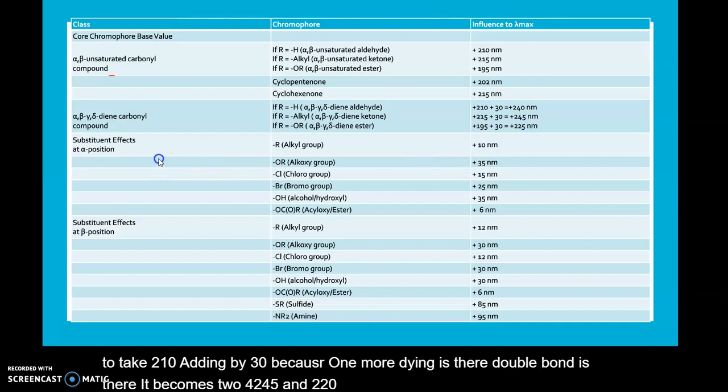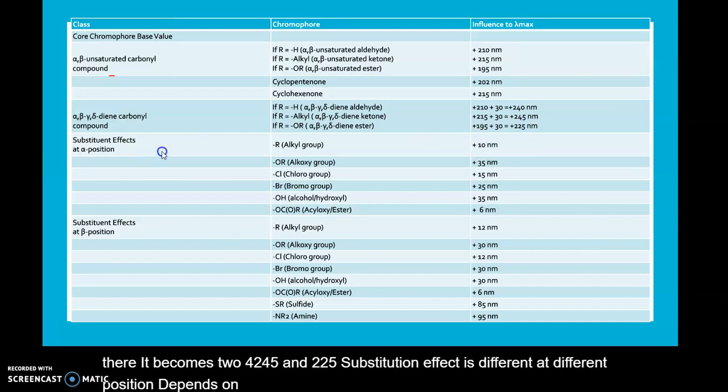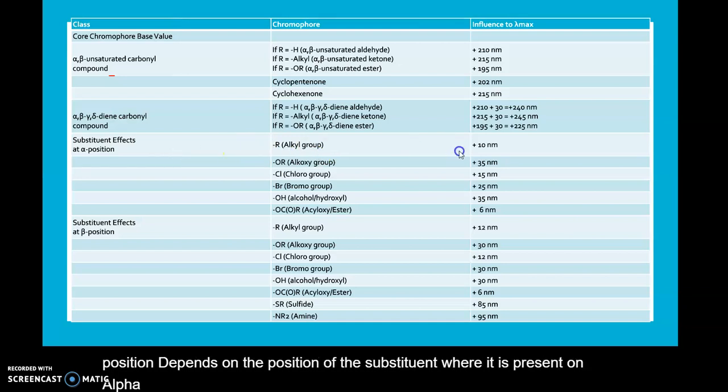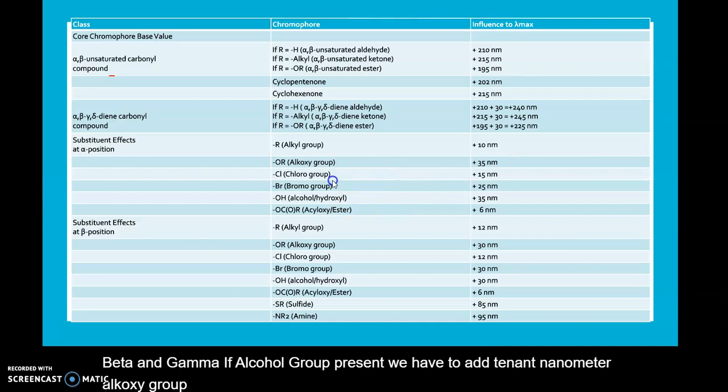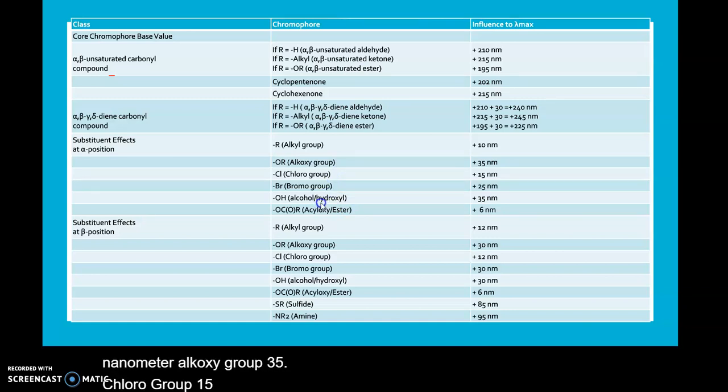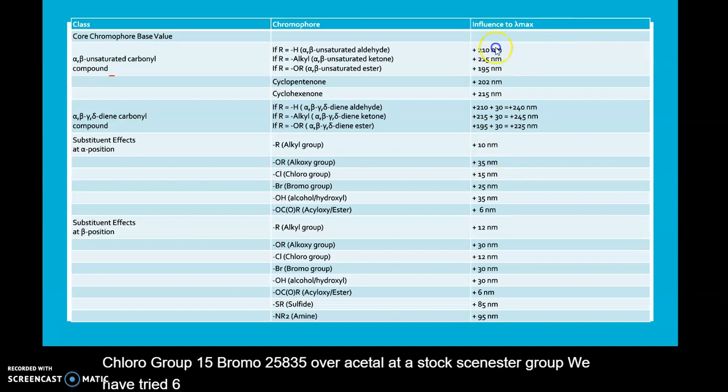Substitution effect is different at different positions. It depends on the position of the substituent, whether it is present on alpha, beta or gamma. If an alkyl group is present, we have to add 10 nanometer. Alkoxy group 35, chloro group 15, bromo 25, OH 35, and for OR acetyl, acetoxy and ester group we have to add 6 nanometer on the basic value, that is 210, 215 and 195.